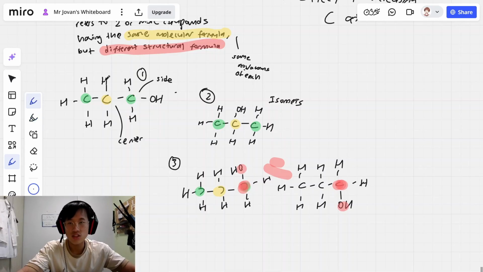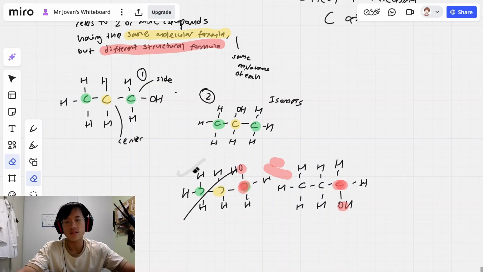Okay, so this is not an isomer of one. This is attached to the same carbon, the side. If you can flip it and make it look like this onto the same side, and not even know that it's on the same carbon, yep, it is not an isomer. So I can erase this.